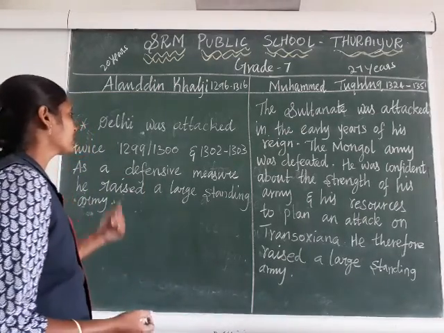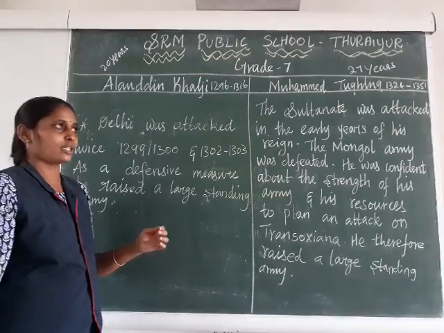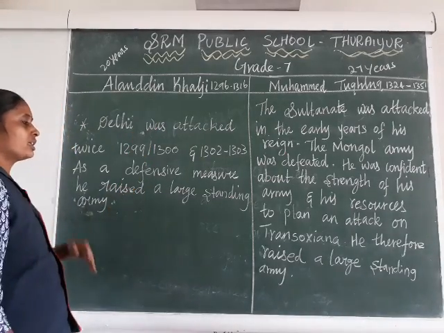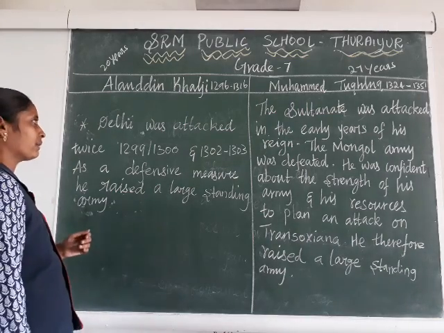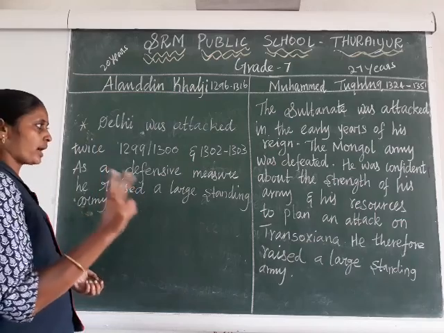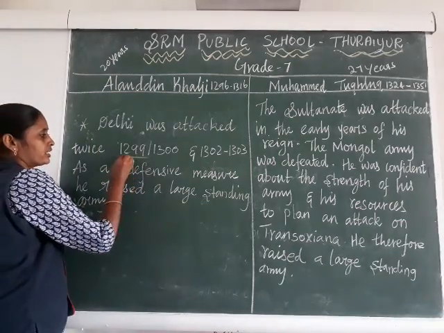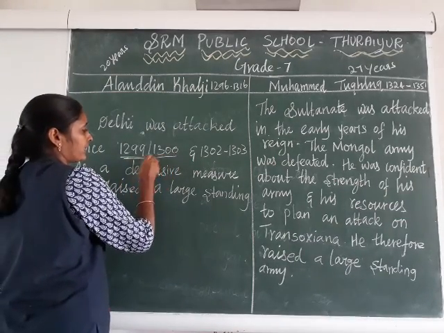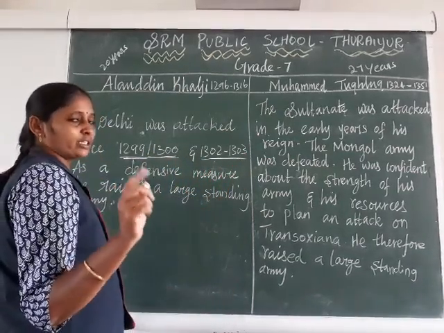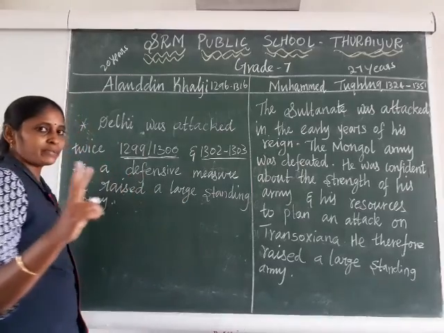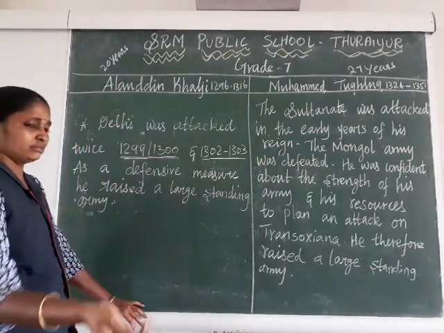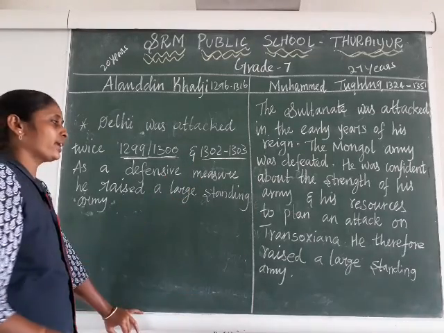Let us come to discuss the administration method. The first difference: when Alauddin Khilji was king, Delhi was attacked twice, in 1299 to 1300 and 1302 to 1303, by Mongol armies or Afghan armies.